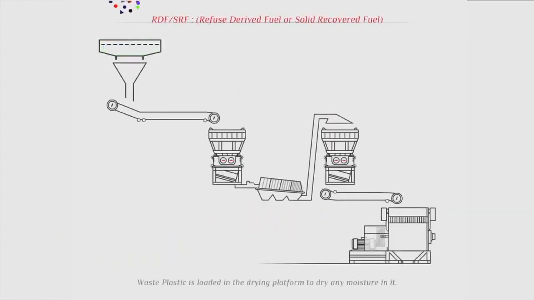Refuse-derived fuel. The segregated combustible material is further processed to get refuse-derived fuel or solid recovered fuel. The combustible material is stored on a dry concrete platform to ensure maximum moisture removal by sun drying. The dried material is fed to the hopper of a primary shredder, where the material greater than 100 mm is shredded to 80 to 100 mm material.